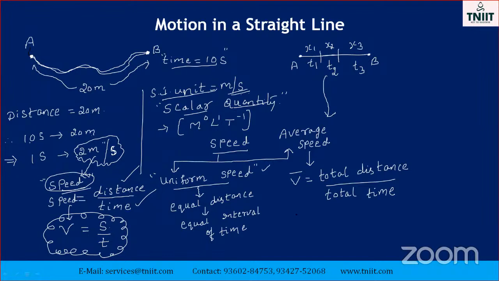So what is the total distance? Total distance is x1 plus x2 plus x3, divided by the total time taken, which is t1 plus t2 plus t3. So this is the basic definition for the average speed.